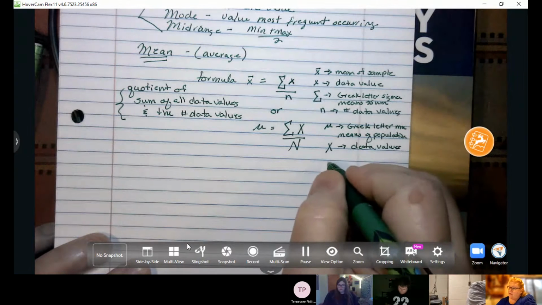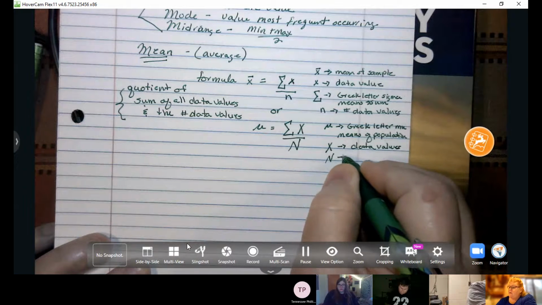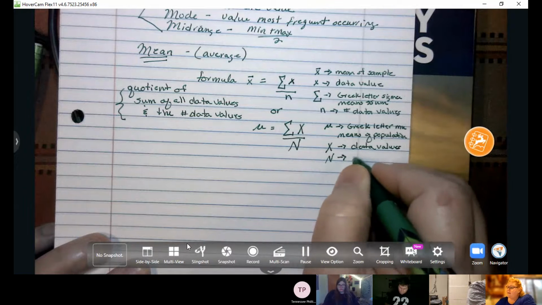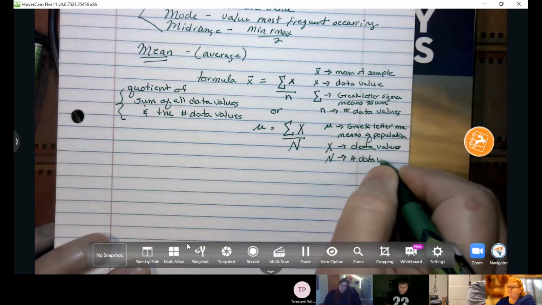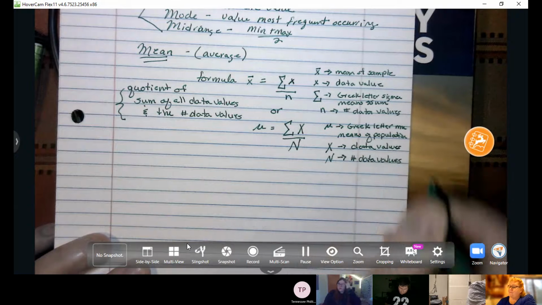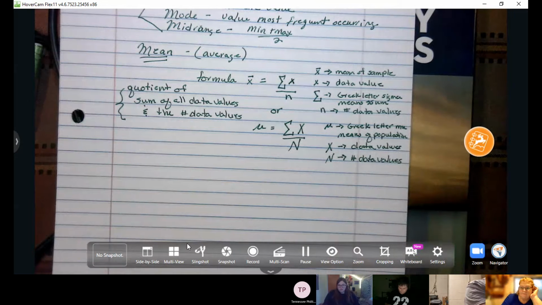And instead of using a lowercase n, we use a capital N to be the number of data values. So basically, it's the same formula, just written a tiny bit different.